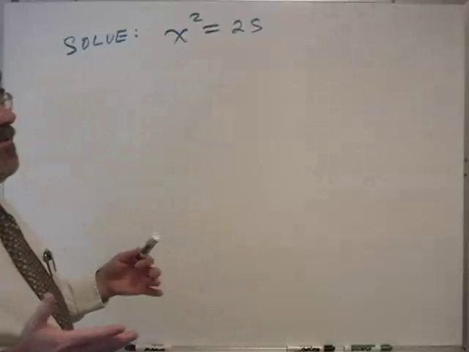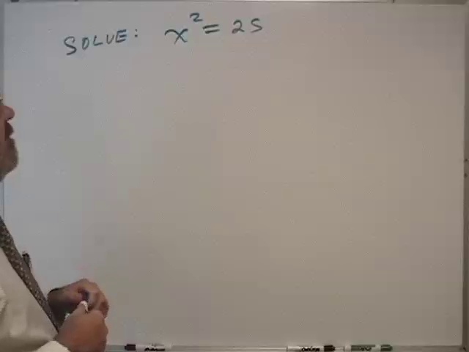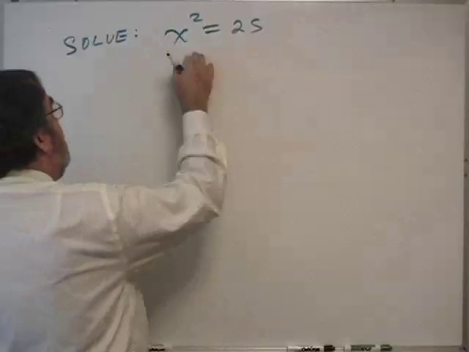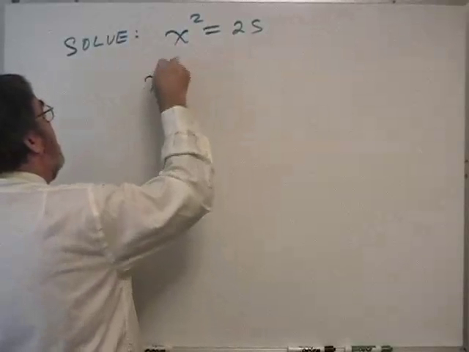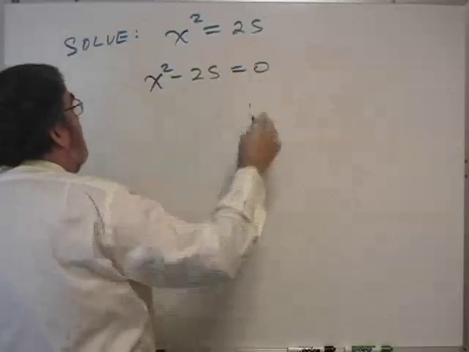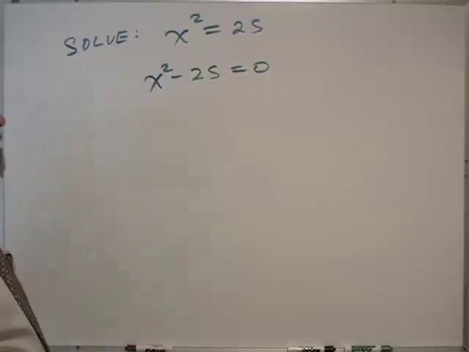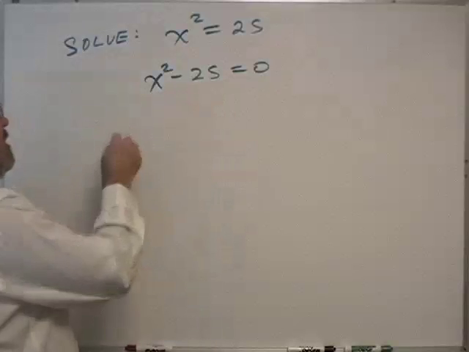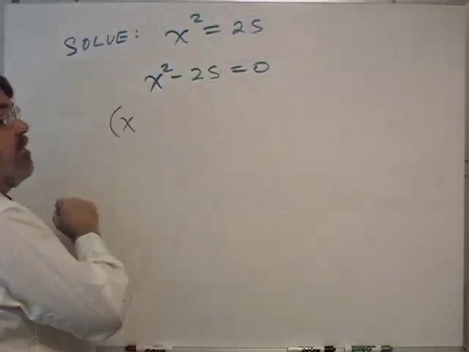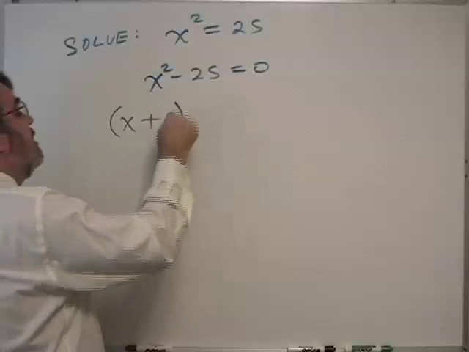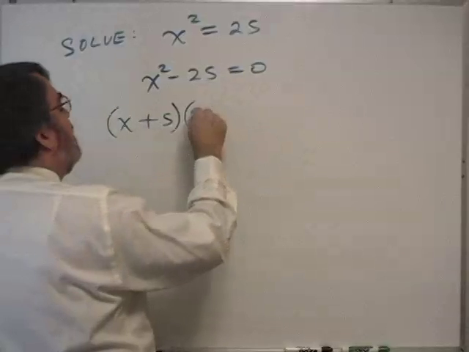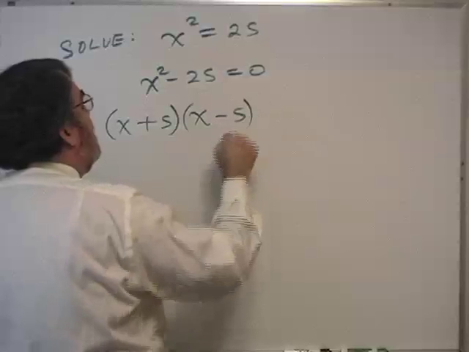Now we could get those answers methodically by factoring. So if I subtract 25 from both sides, it equals 0. And we're able to factor the left side. This difference of squares gets split up into a product of conjugates. Remember the word conjugate from the complex number section.